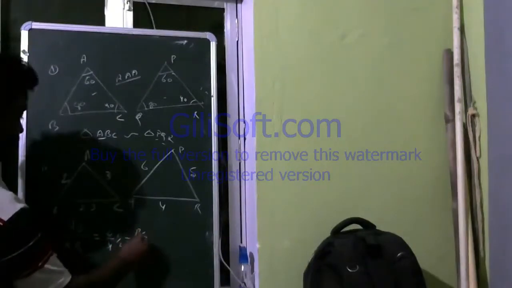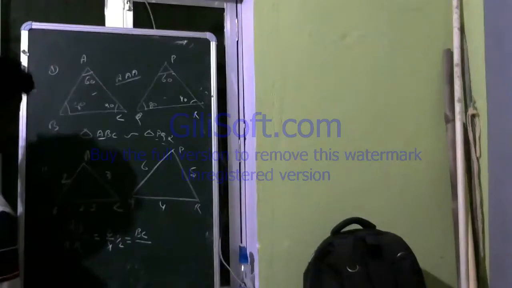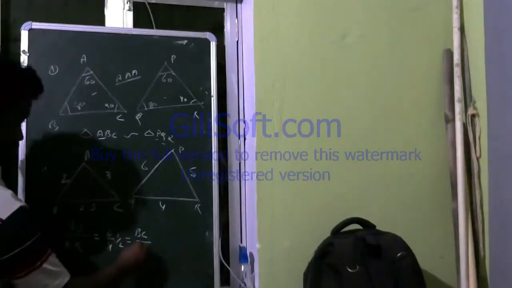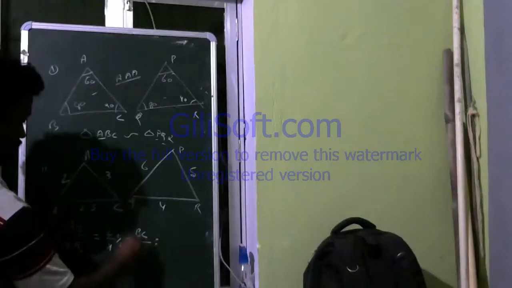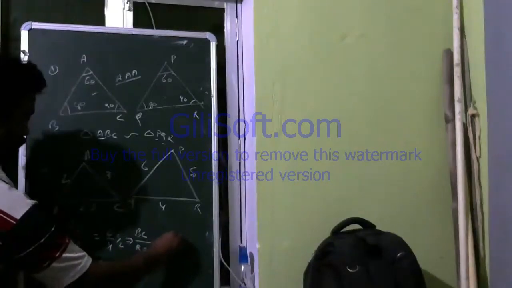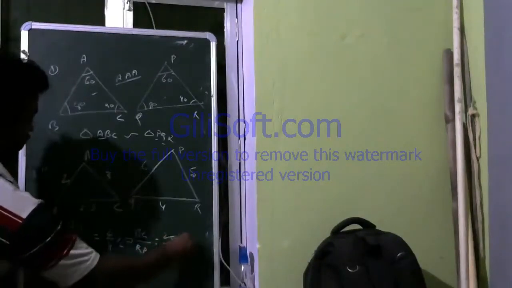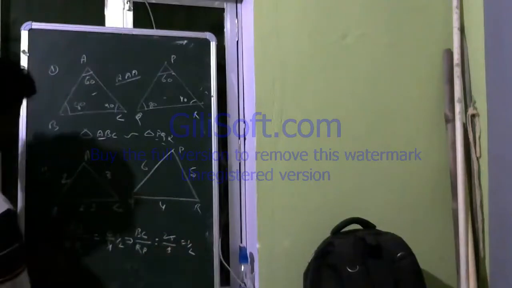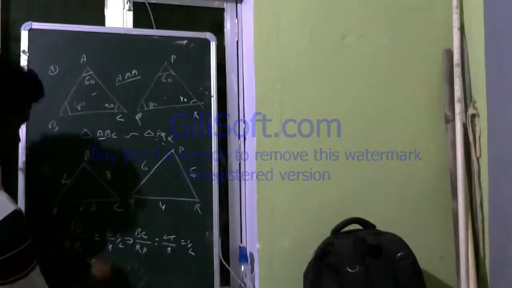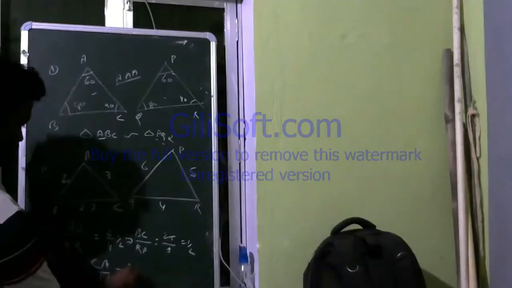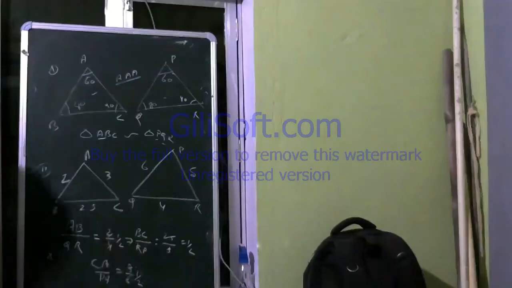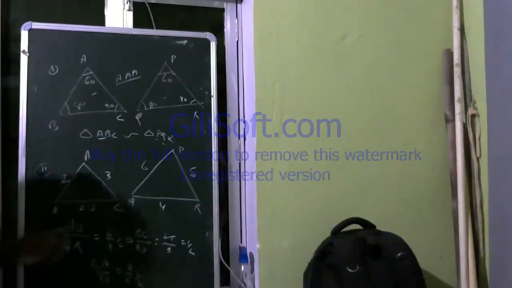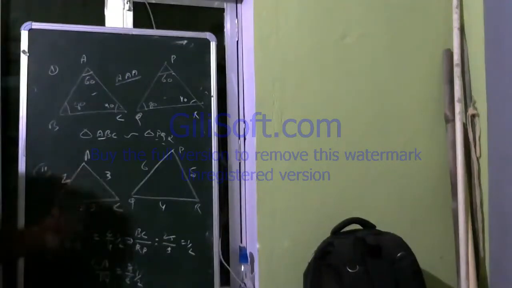Next BC by RP is equal to 2.5 by 5, cancel, that is 1 by 2, and CA by PQ is equal to 3 by 6, 1 by 2. In this way you can see here all sides lie in the same ratio.